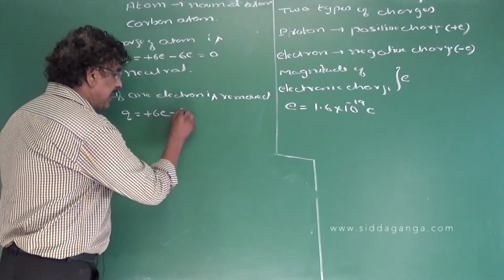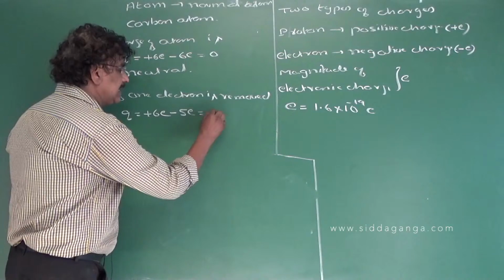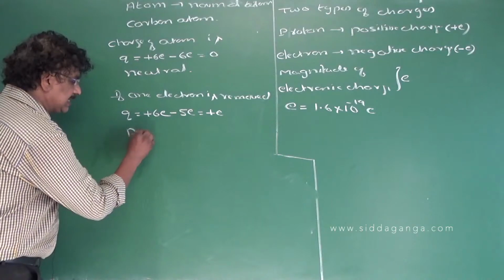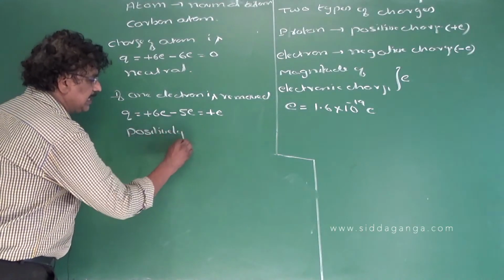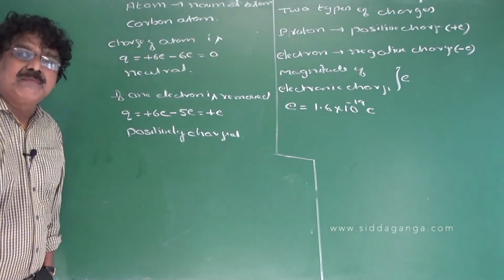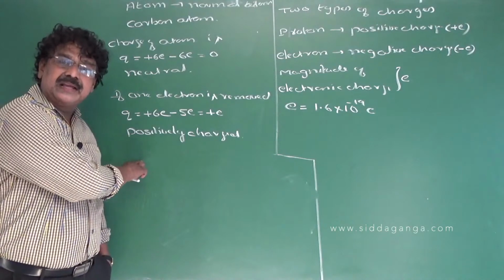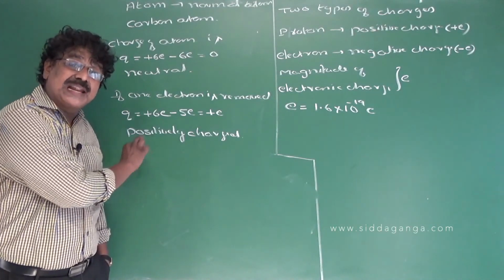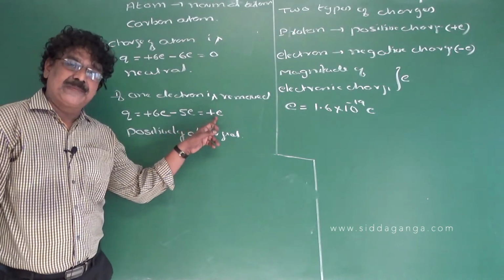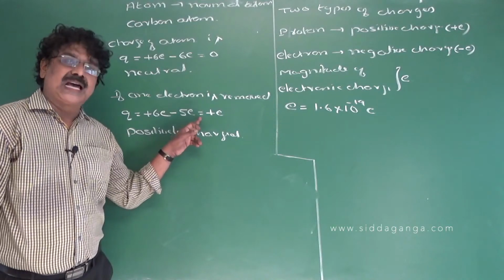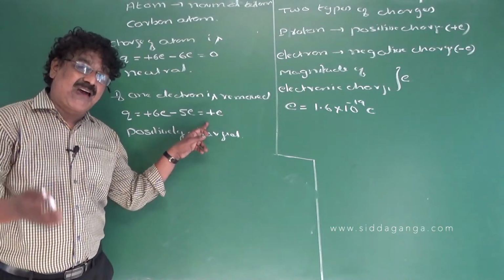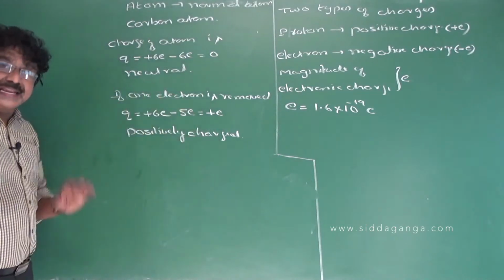Plus 6e minus 5e is equal to plus e. Now that atom has become positively charged because of a deficiency of one electron. If we remove 2 electrons, the charge becomes plus 2e. If we remove 3 electrons, the charge becomes plus 3e. If we remove n electrons, the charge becomes plus ne.